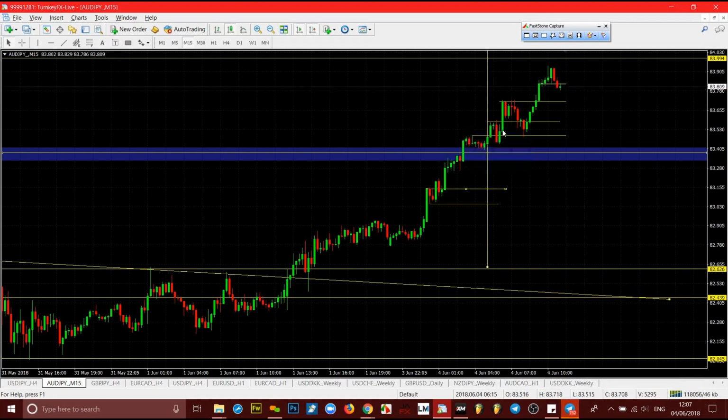Created that high, broke out of it, came back and retested it, broke out a bit, it's not a problem. Then what did it do? Created that high, broke it, came back and retested it, but kind of broke into this previous high. Not a problem. This is where we're taking our entry with a little drawdown. And then what did it do?